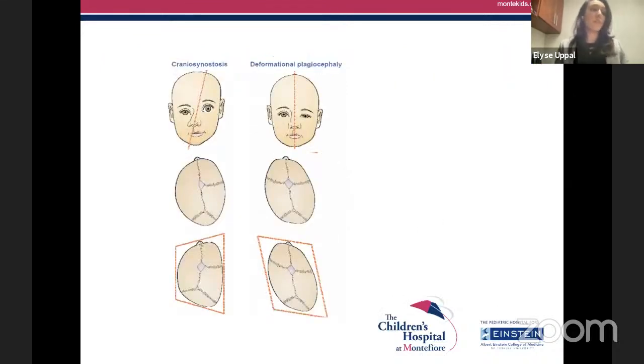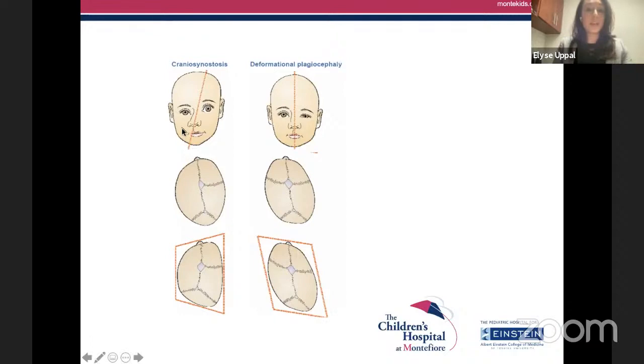So looking further into differentiating between the two on physical exam, with deformational plagiocephaly, everything's moving in the same direction. While there are some subtle asymmetries in the face, in general, there's much more twisting with craniosynostosis. You can see deformities from the eyebrows down. The ear on the side of the fused suture is often displaced towards the fusion.